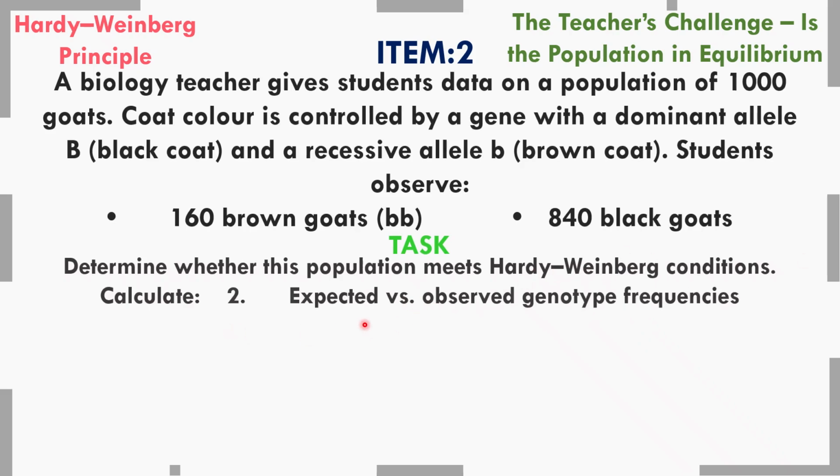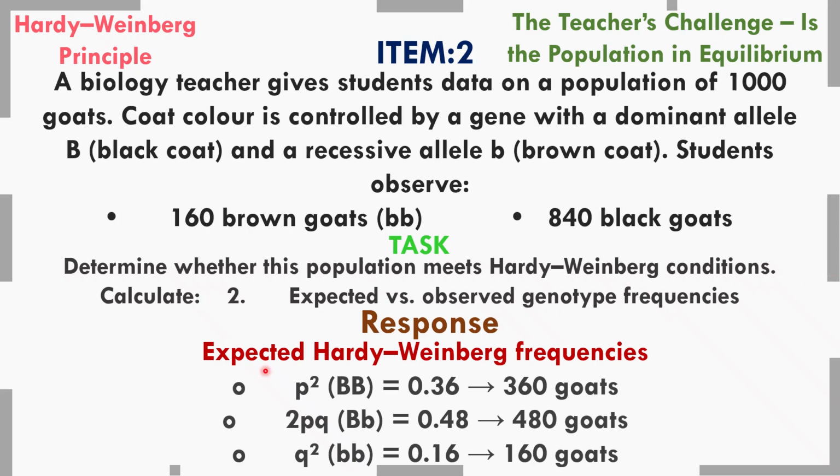Let's calculate the expected versus observed genotype frequency. Expected Hardy-Weinberg frequency. p squared, which is capital B capital B, is 0.36, giving us 360 goats.